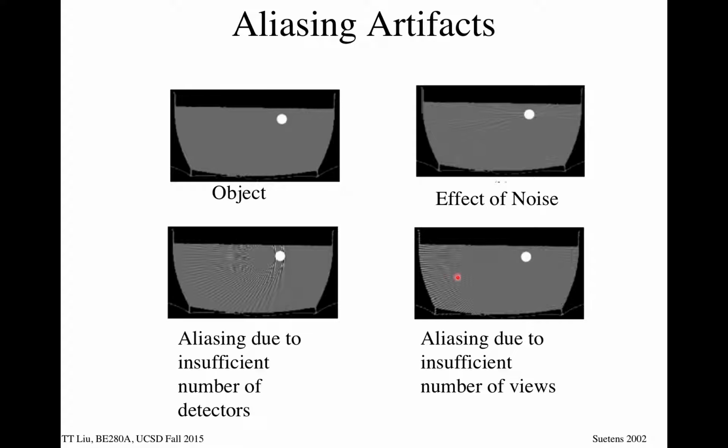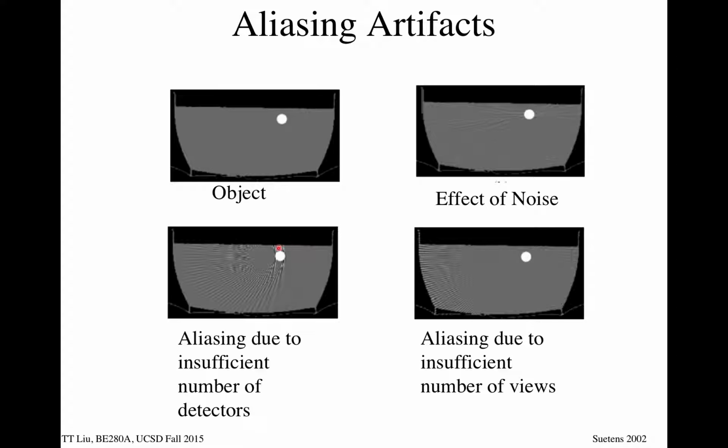So here's just some appearance of aliasing artifacts. This is the true object. If we have noise, you get streaks in the image off various edges of the image.